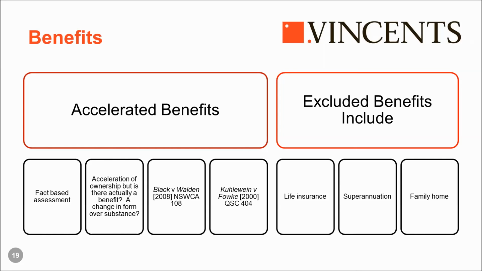And the same goes with any superannuation that was received, or the fact that you now own the family house outright, as opposed to two people owning the family home. So essentially that's where we are as far as an overview of loss of financial dependency.